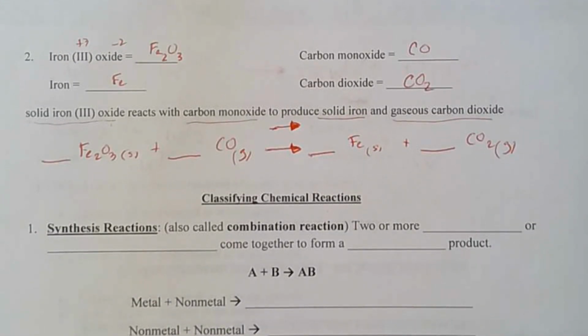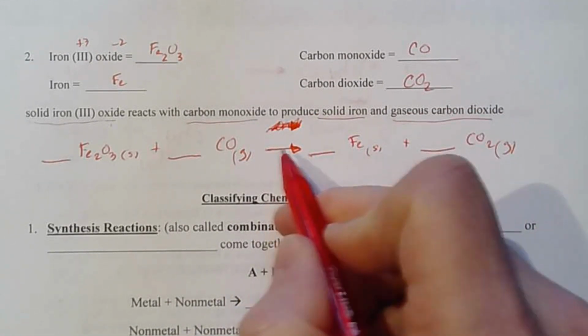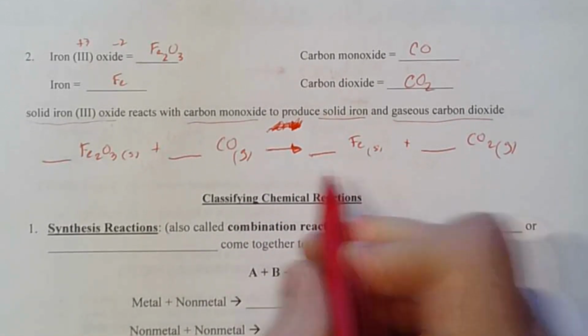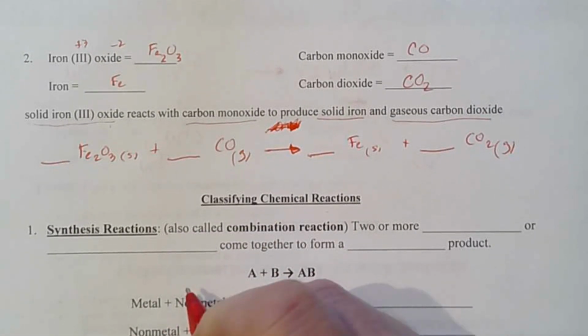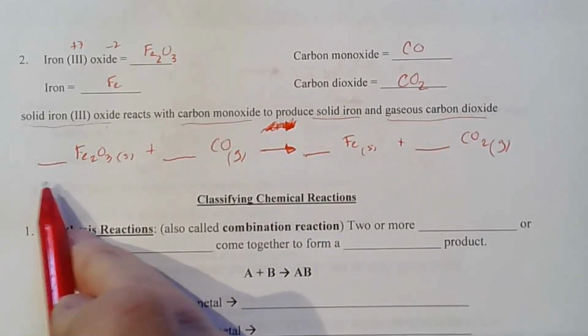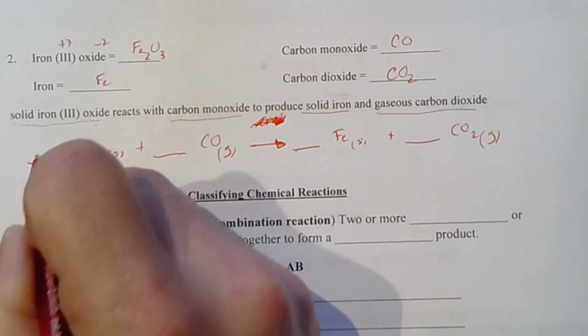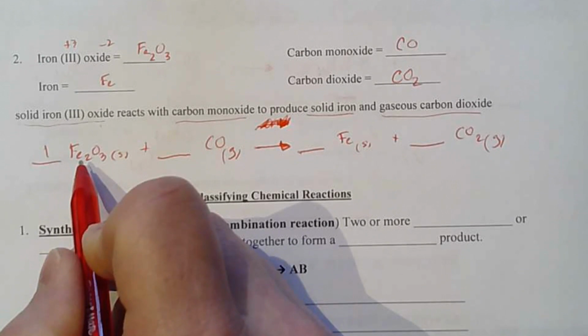So we just need to balance this. I'm going to cross this one out, just because I've got it down here. I don't want to confuse anyone. That was just earlier in this problem, trying to identify what is what in that product. So again, you just want to start with something, put a 1 in front of it. If I put a 1 there, that means I've got 2 iron.